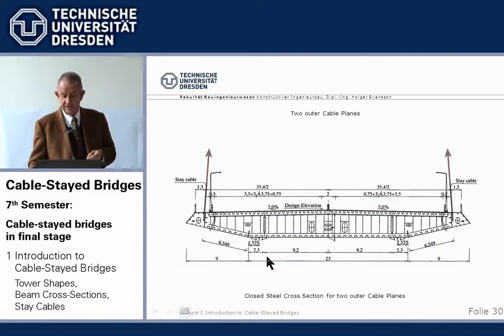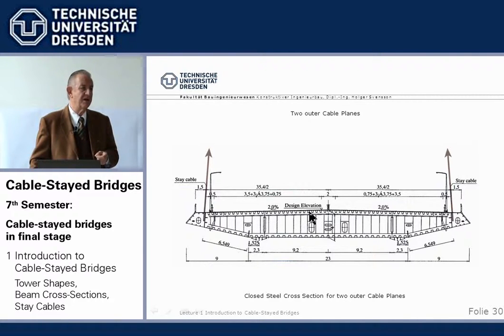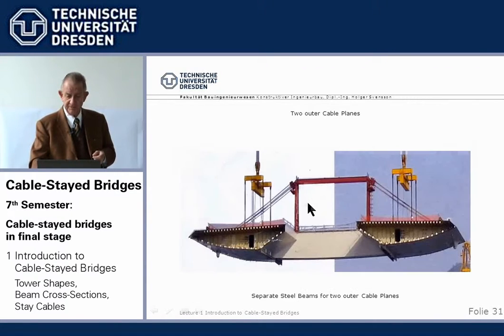And it's not by chance that this is a cross-section for the current world record holder, the 1,088 meter Sutong Bridge in China. There are always special things. We have two outer cable planes for the Stonecutter Bridge in Hong Kong, and due to certain reasons, there's a center tower, they need the space, they have put them apart with cross girders.